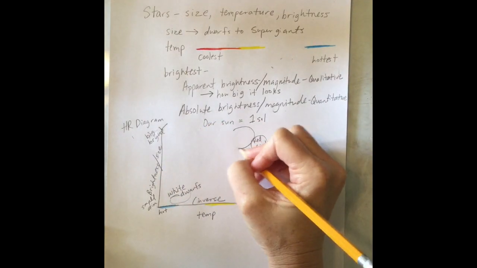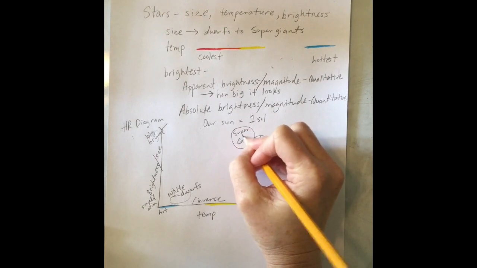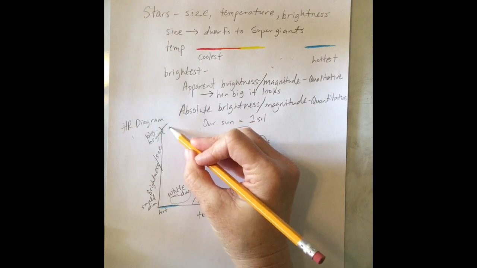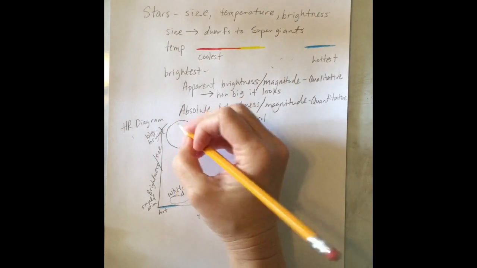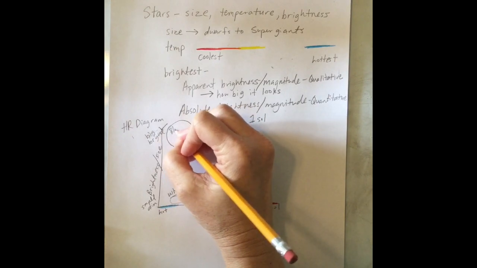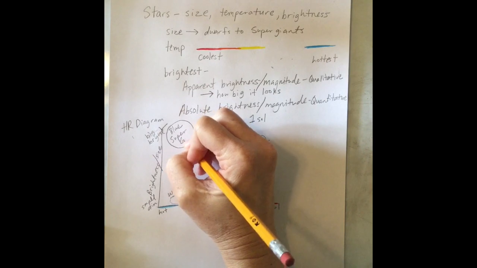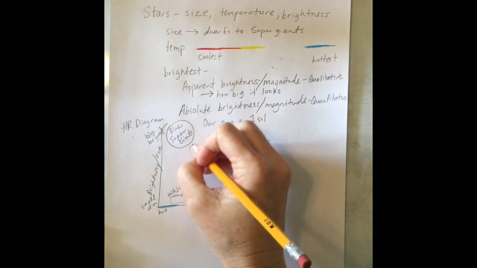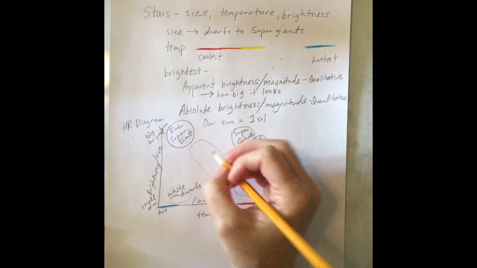Up even farther than that would be our supergiants. So if you had a supergiant here, it would be an orange supergiant. Our blue or white supergiants are going to be up here in the left-hand top corner, and those are our hottest and brightest.